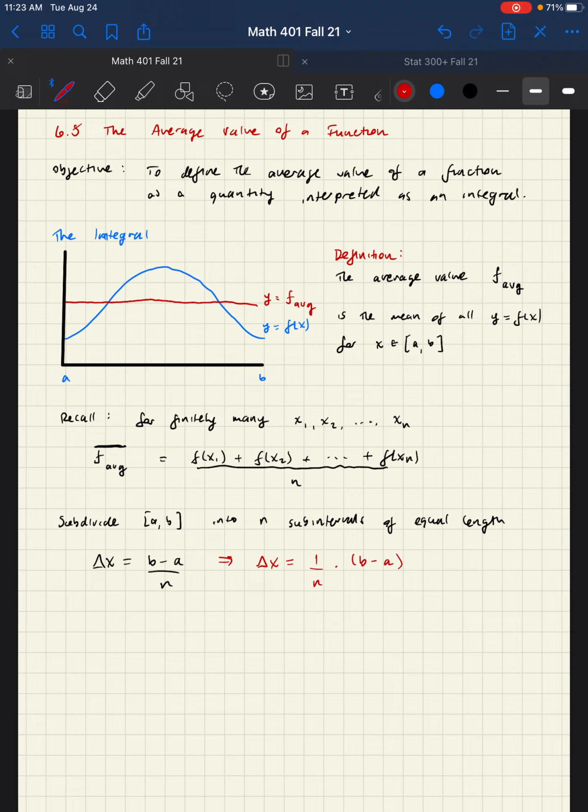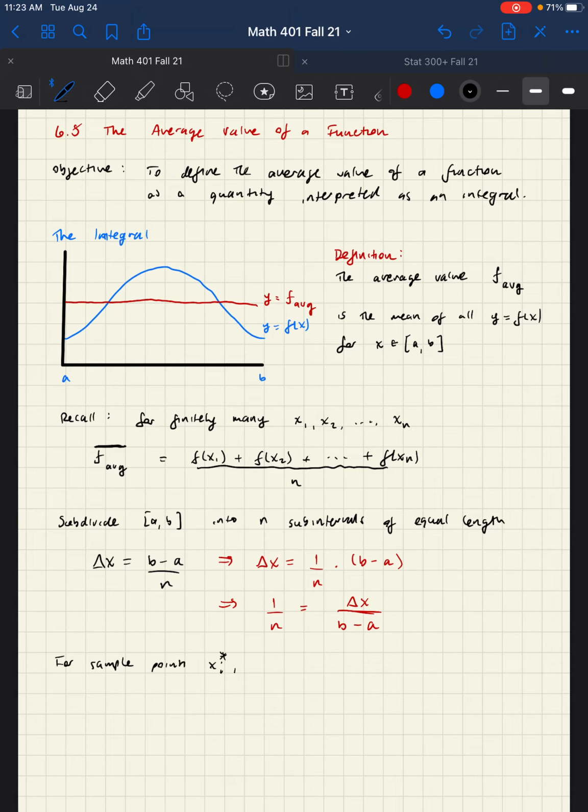And importantly, I can rewrite this as delta x equals 1 over n times b minus a, which means that 1 over n is the same thing as taking your delta x and dividing by b minus a. That'll be important later on.